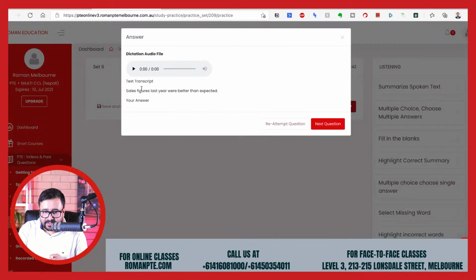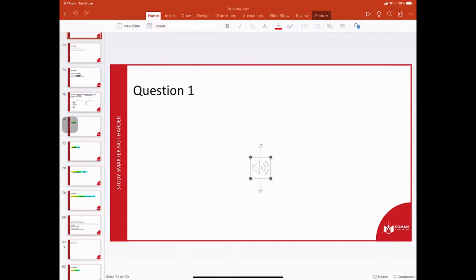The answer is: sales figures last year were better than expected. So let's take a moment and try to analyze this sentence. How can anyone remember this sentence more effectively? What is the best strategy to remember similar sentences in the future?